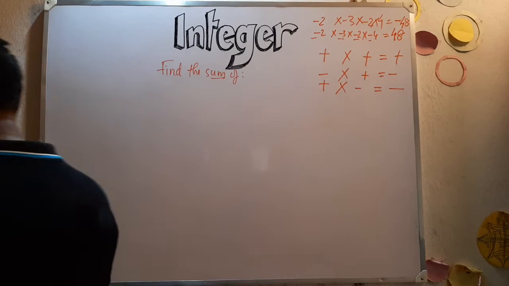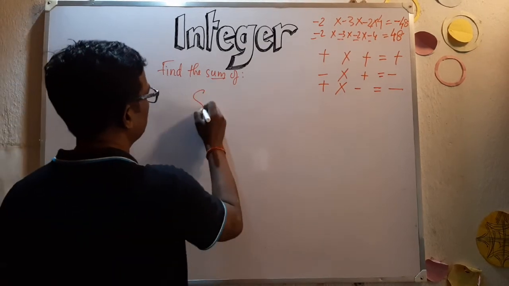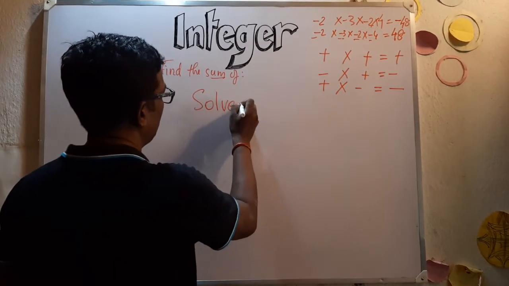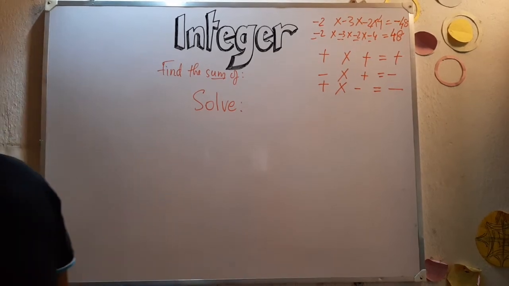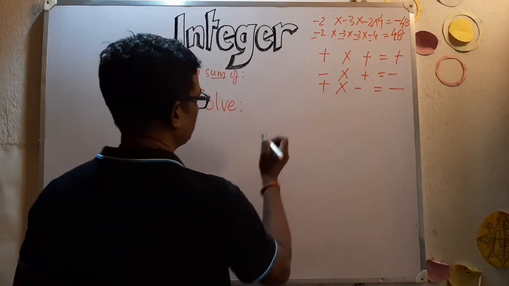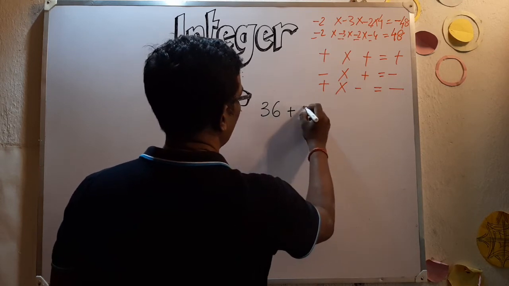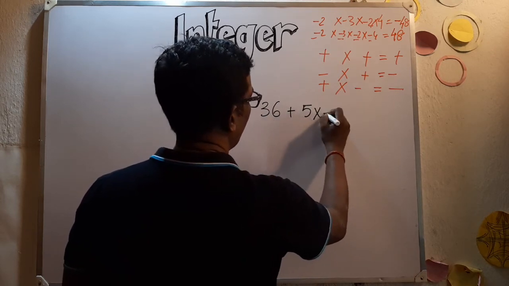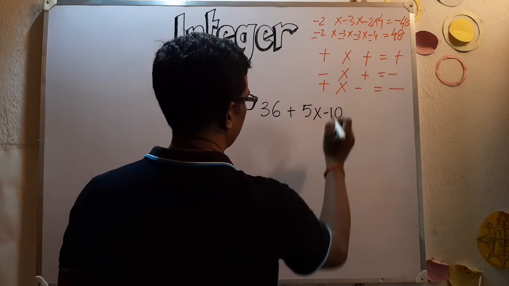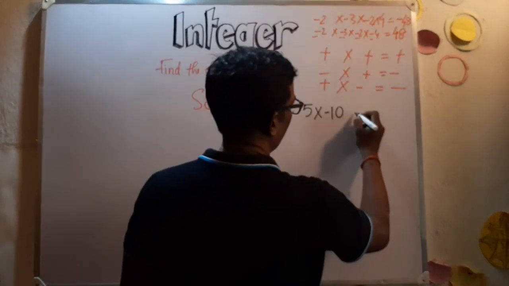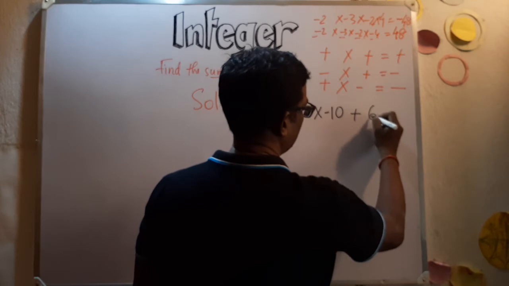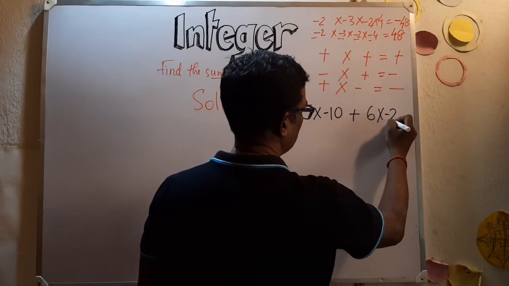Now let's try to solve a numerical here. Let the numerical be 36 plus 5 into minus 10 plus 6 into minus 2.